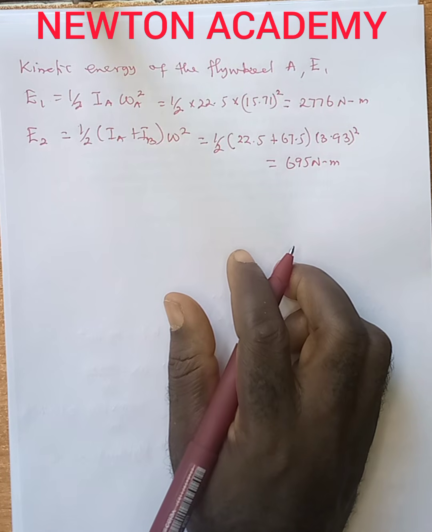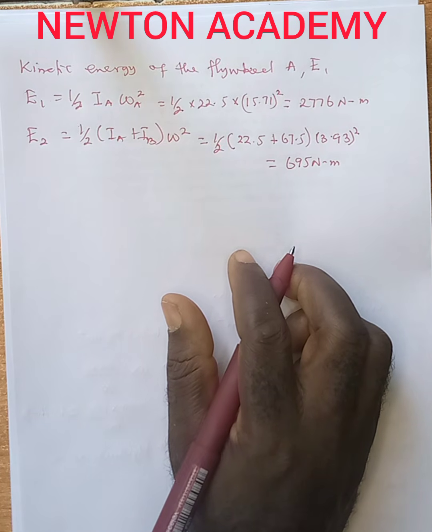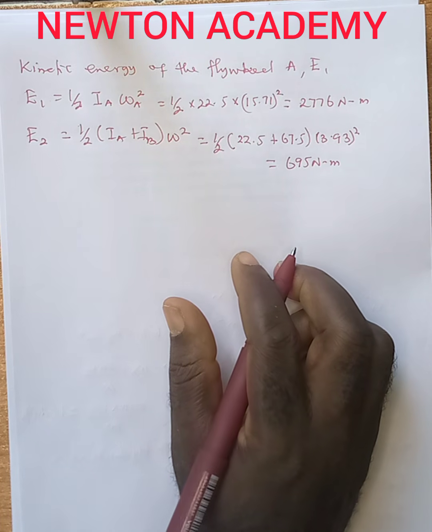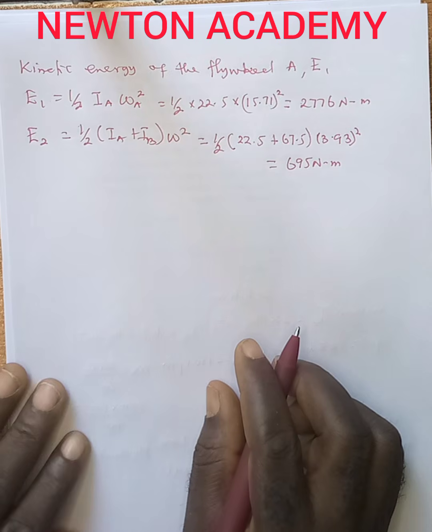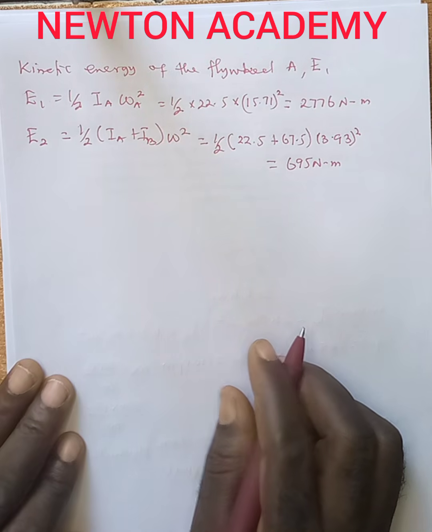Now, let us go and calculate the strain energy stored in the spring. We know that the strain energy stored in the spring is going to be the difference between these two energies, which actually is not lost, but is converted into strain energy.